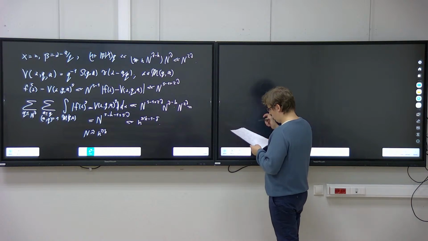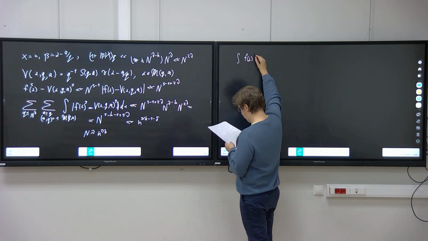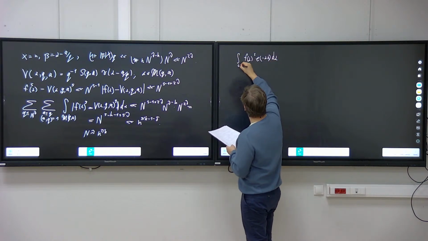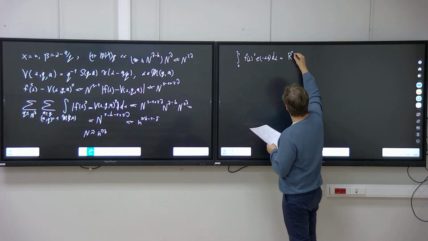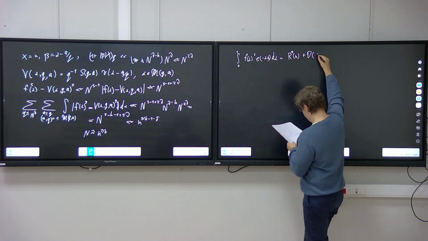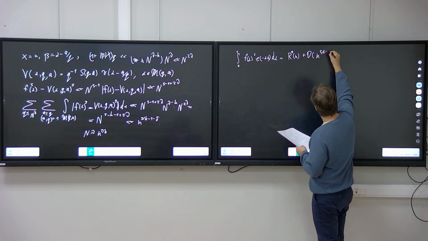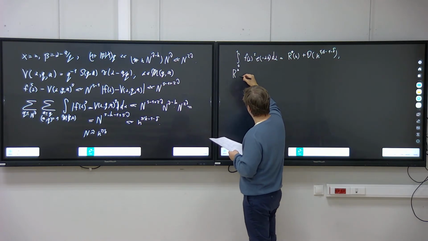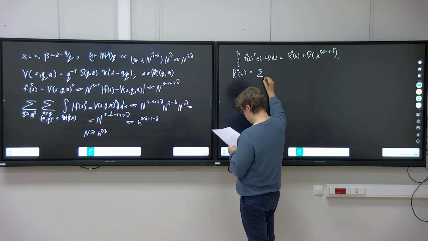So we proved that the integral of f of alpha to the power s times exponent of minus alpha n d alpha, from 0 to 1, is some R star of n plus O of n to the power s over k minus 1 minus delta, and R star of n is such a sum.